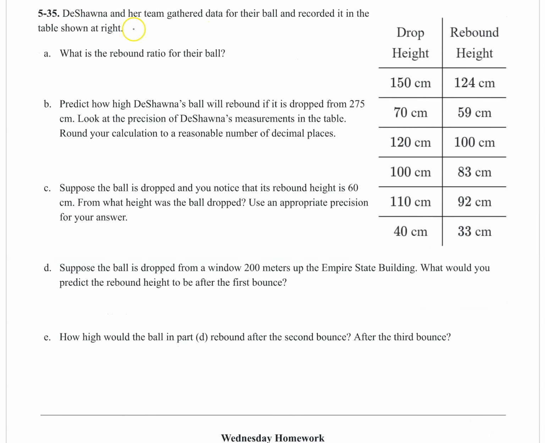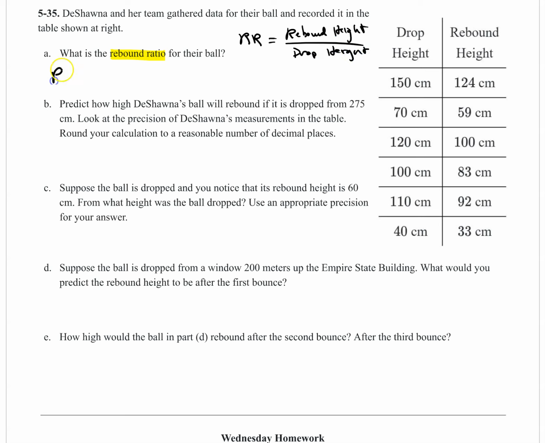5-35. Deshauna and her team gathered data for their ball and recorded it in the table shown at the right. What is the rebound ratio? Recall that the rebound ratio is the rebound height divided by drop height.